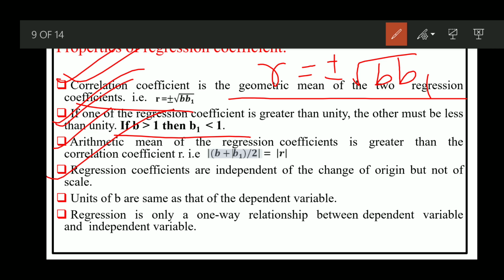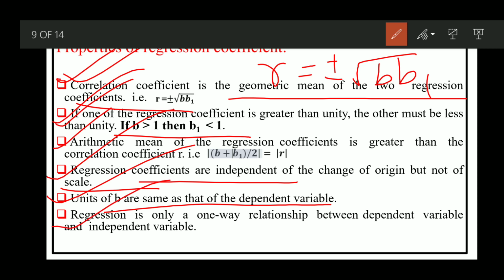So in regression coefficients, if you change your origin, the regression coefficient will remain the same, but if you change your scale, the regression coefficient will change accordingly. Next, the units of the regression coefficients are the same as those of the dependent variable.